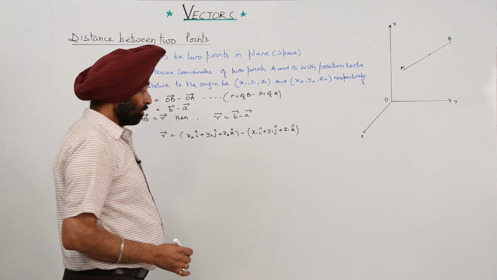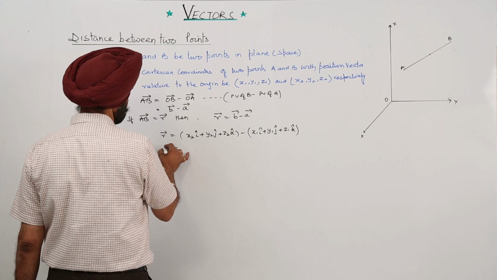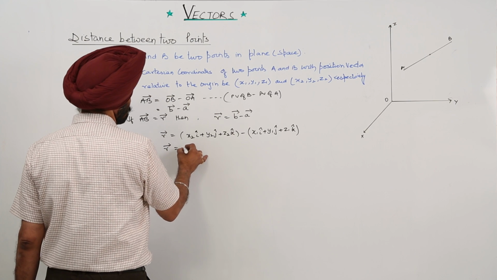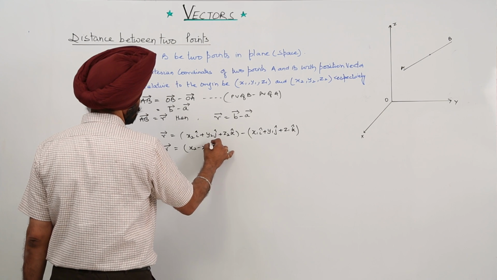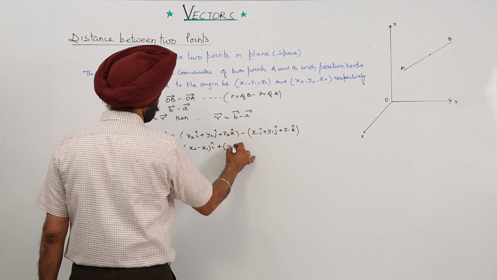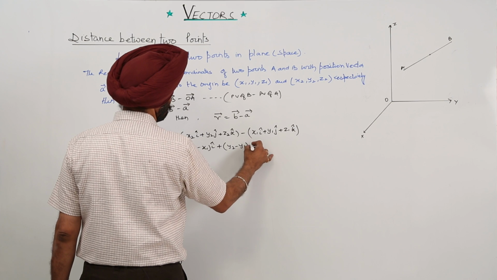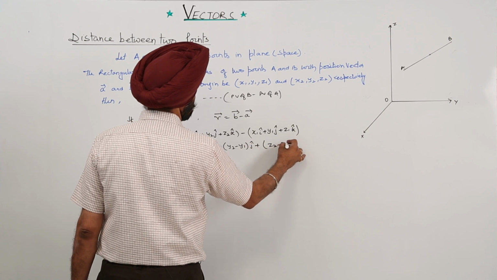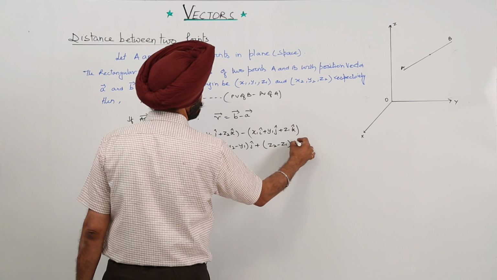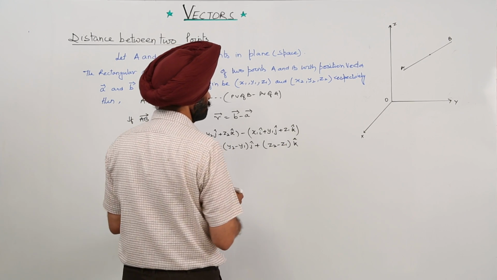Is it clear? Or we can write this as x2 minus x1 with i cap, y2 minus y1 with j cap, z2 minus z1 with k cap.